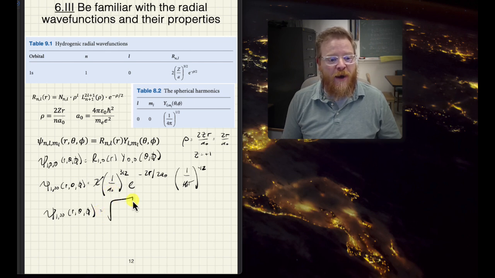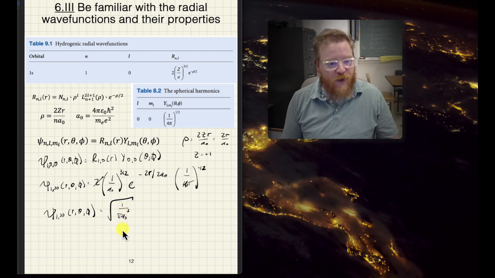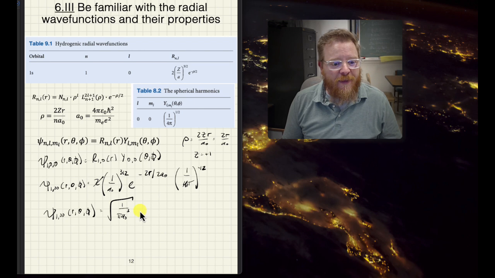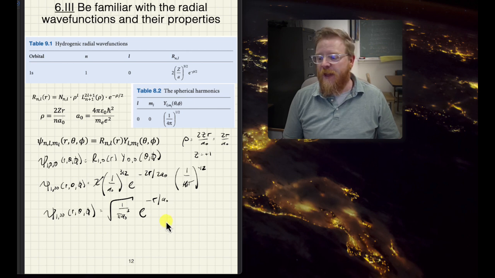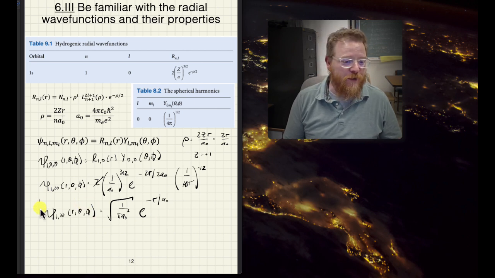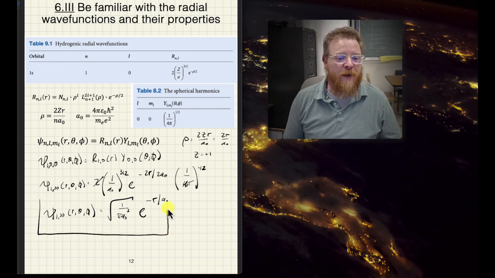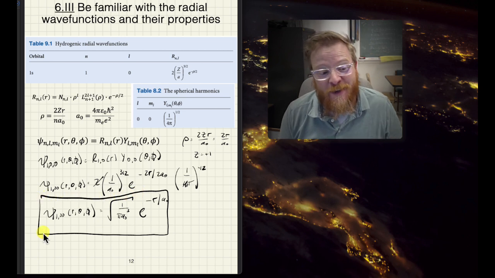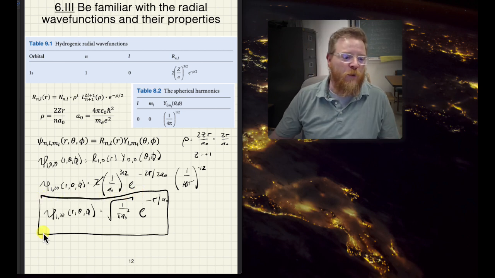So I'll just combine all those terms as 1 over pi a naught cubed. And that equals e to the negative r over a, because of course the 2's cancel. And hopefully this looks familiar to you. This was the very first wave function that we played with in our Mathematica assignment, which is pretty cool.